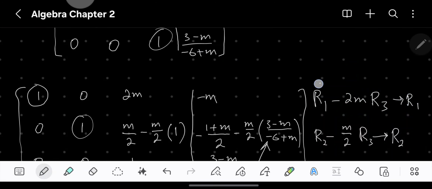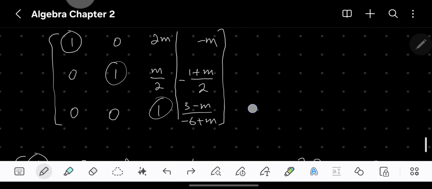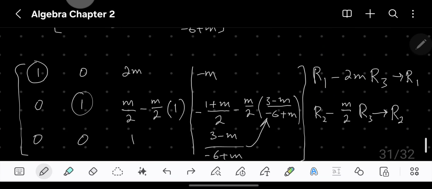So what to do? R1 minus 2m. So let me write R1 first. This is R1, this is R1, this is R1, this is R1. Okay. Minus 2m everywhere. So I have to write minus 2m times R3. R3 is 0, so I will not write here. Similarly, minus 2m times R3. R3 is 0, so I will not write this here. Okay.